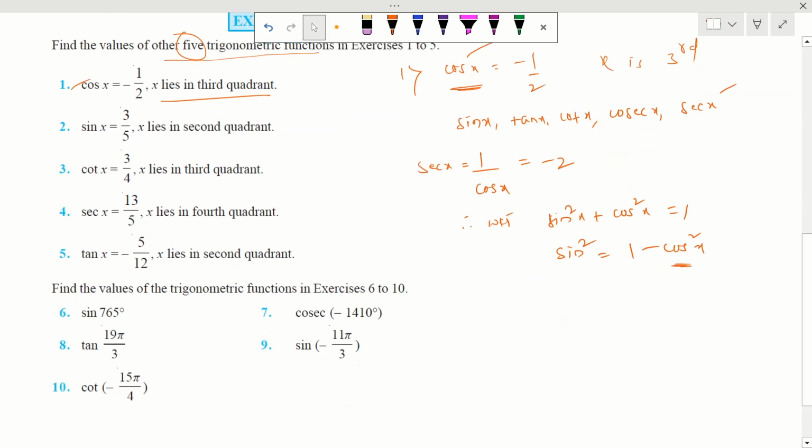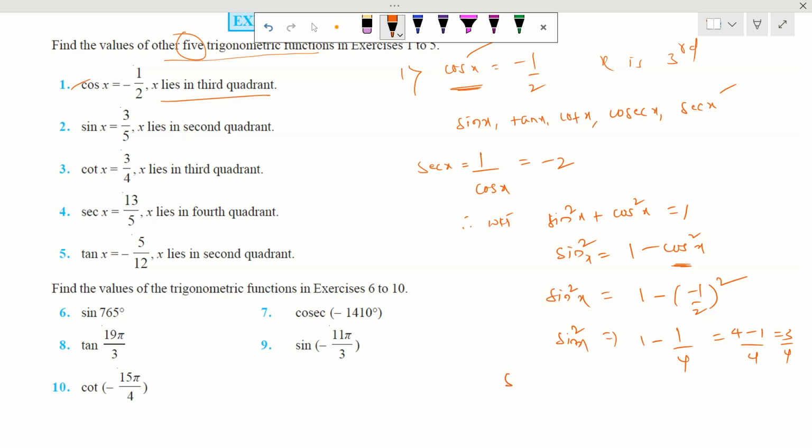So sin square x is equal to 1 minus the square of minus 1 by 2. The negative becomes positive in the square, so it is 1 by 4. Therefore 1 minus 1 by 4, which is 4 minus 1 divided by 4, is 3 by 4. This is sine square x.